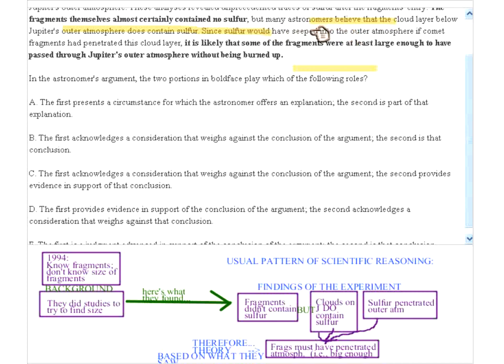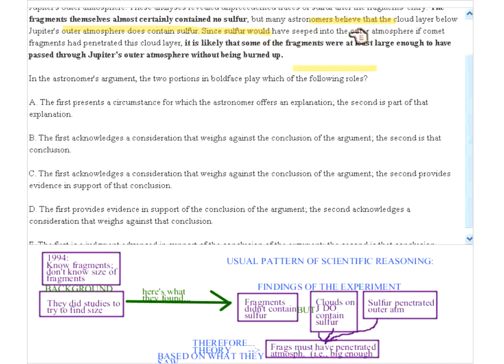So if you look at this setup, this is not an easy thing to understand, but it should be at least clear from these highlighted parts that they were really interested in finding out how big these things are. So it's very likely that our main conclusion will have something to do with how big they are. And indeed, here it does. So if you are guessing, that could help guide your guessing.